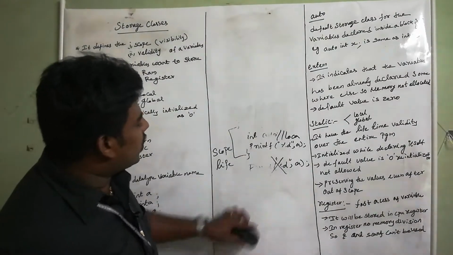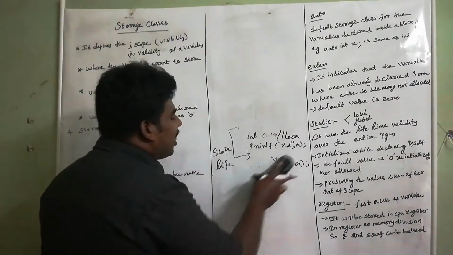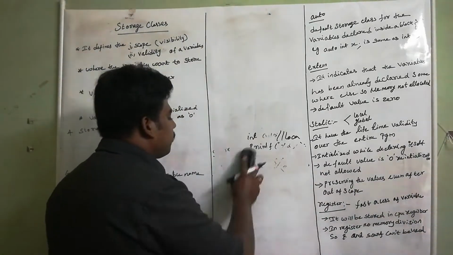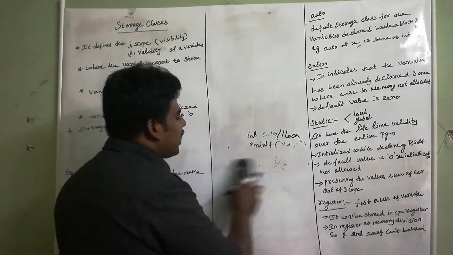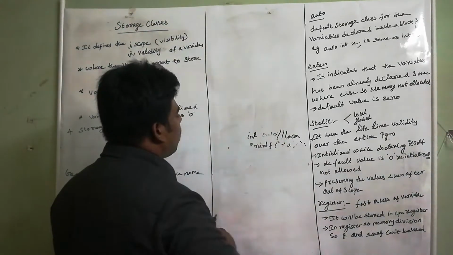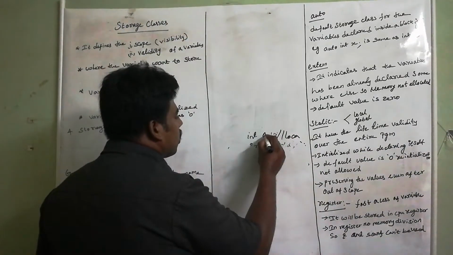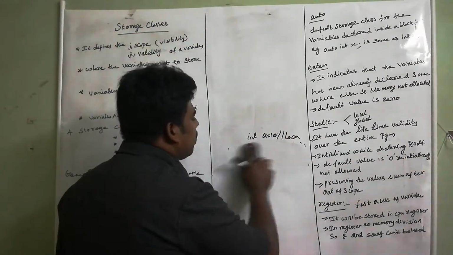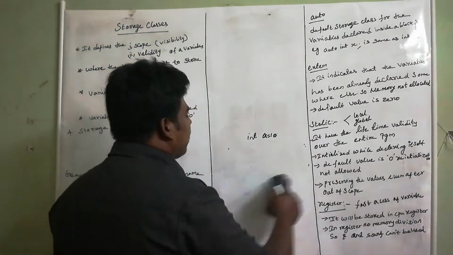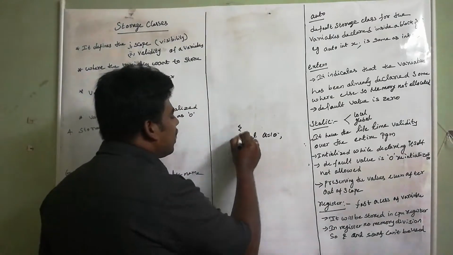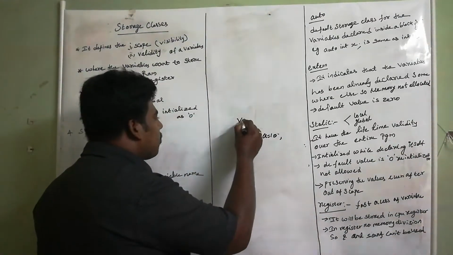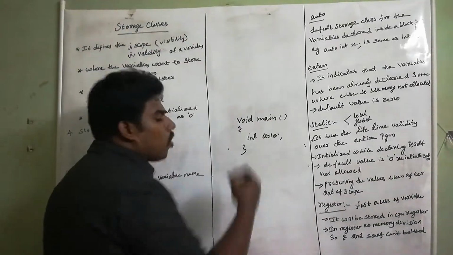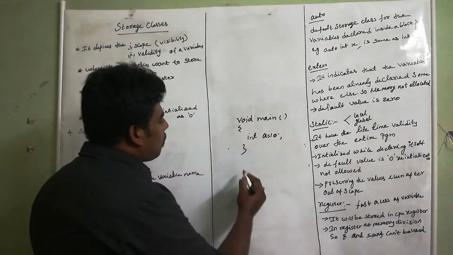So if you declare the variable inside the curly brace, we say it is local. What is a local variable? A local variable is nothing but one declared inside the curly brace, for example inside void main. Then what is global?